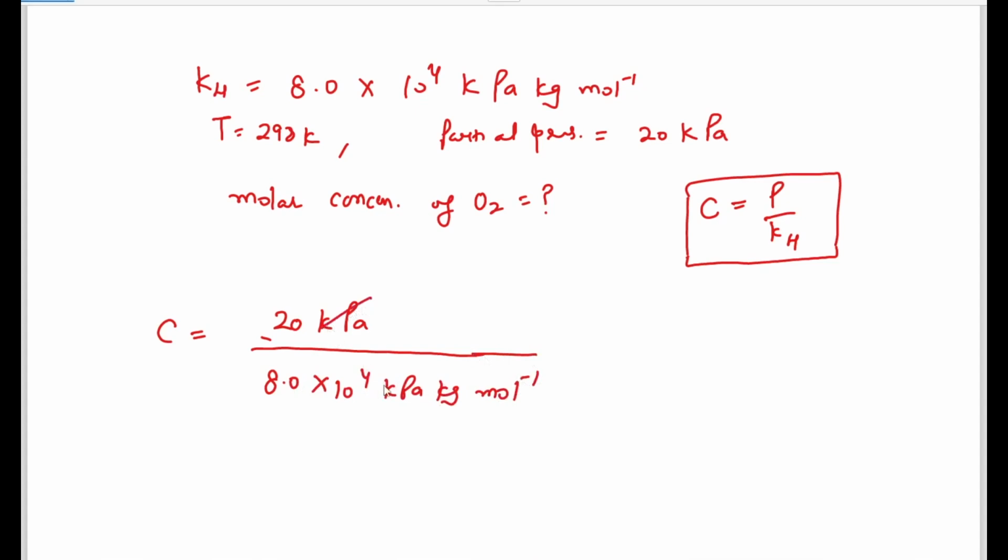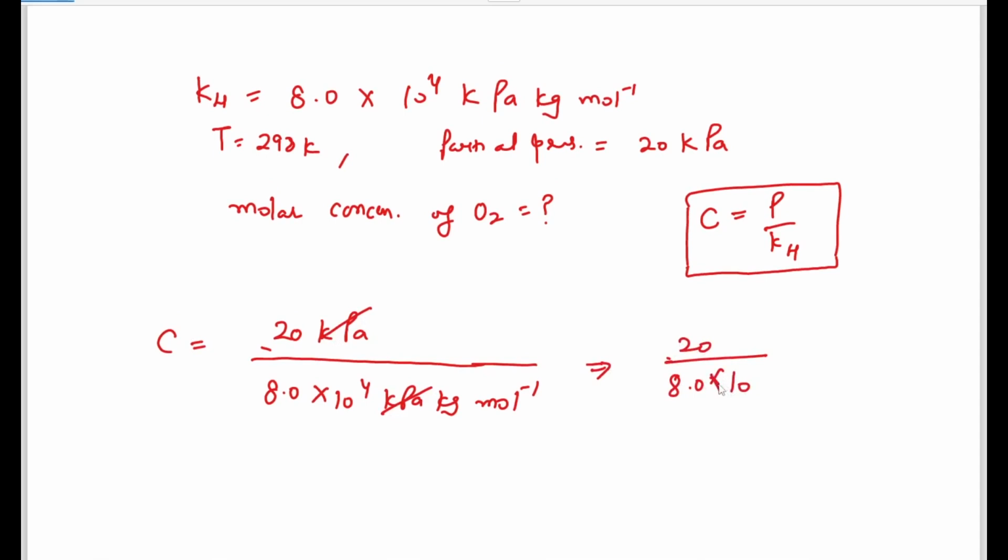We can cancel kilopascal. So we will be left with 20 over 8 into 10 raised to power 4 per kg mole. Clear? You can solve it. You will find 0.00025 per kg mole.